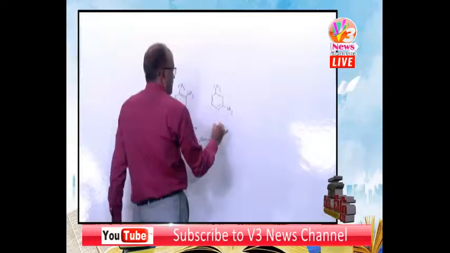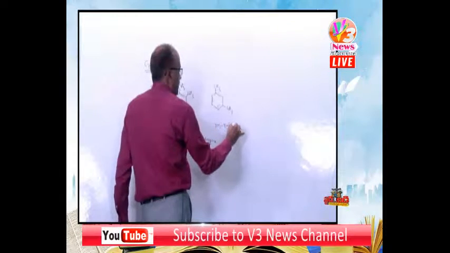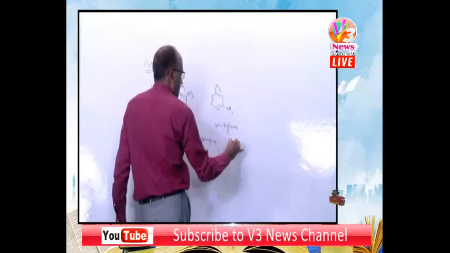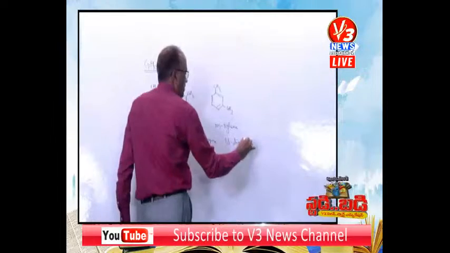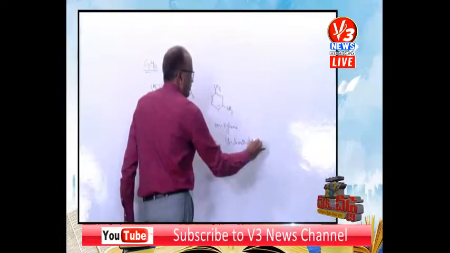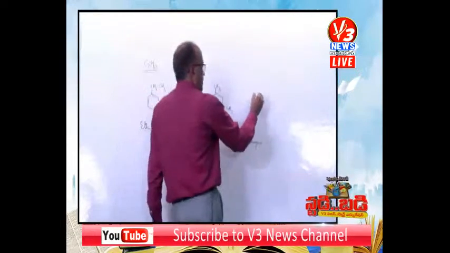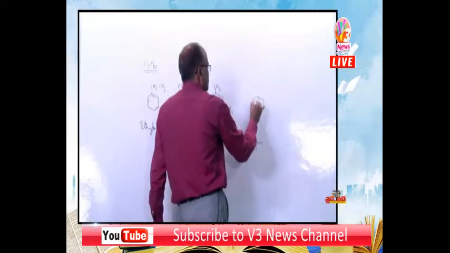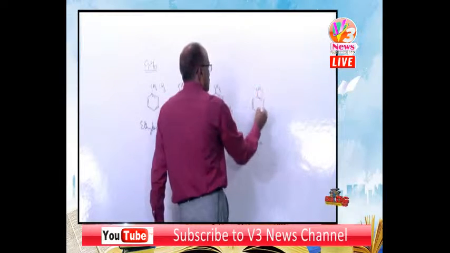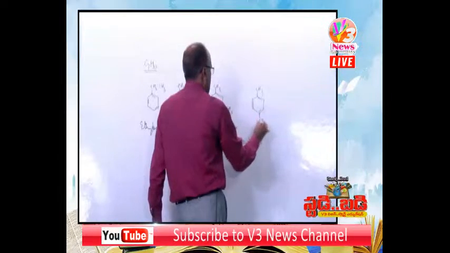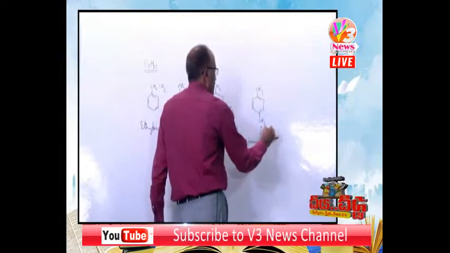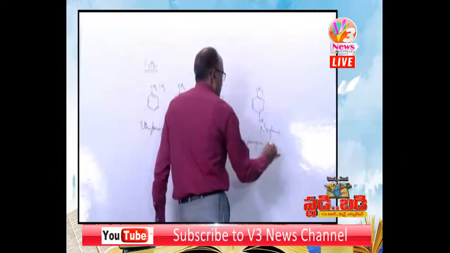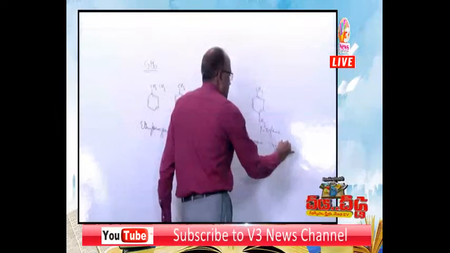CH3, and this compound is metaxylene, 1,3-dimethylbenzene. Now, I will shift methyl group to fourth carbon, fourth position, CH3, and this one is paraxylene, 1,4-dimethylbenzene.